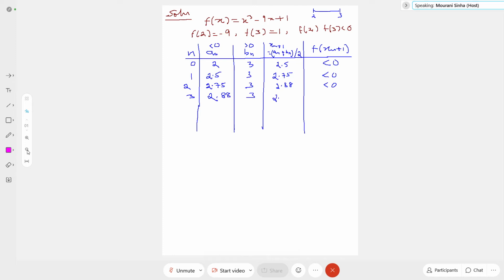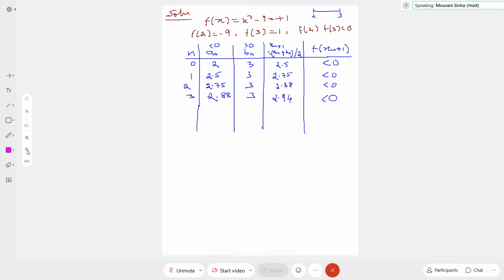And what about the function? Is it positive or negative? I mean, how much is f of 2.94? Yes, so again we have negative, minus 0.05.